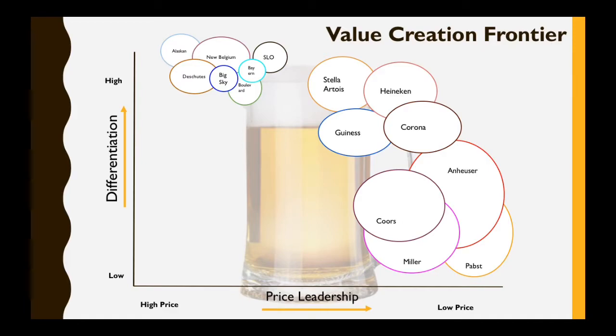Within this value creation frontier, this gives Big Sky the opportunity to see open segments that they could possibly move into. There are some spots farther to the left above Alaskan for higher priced, more distinctive beers. And then below, there is some room to be slightly above the imports and slightly below the market group that they're in now.